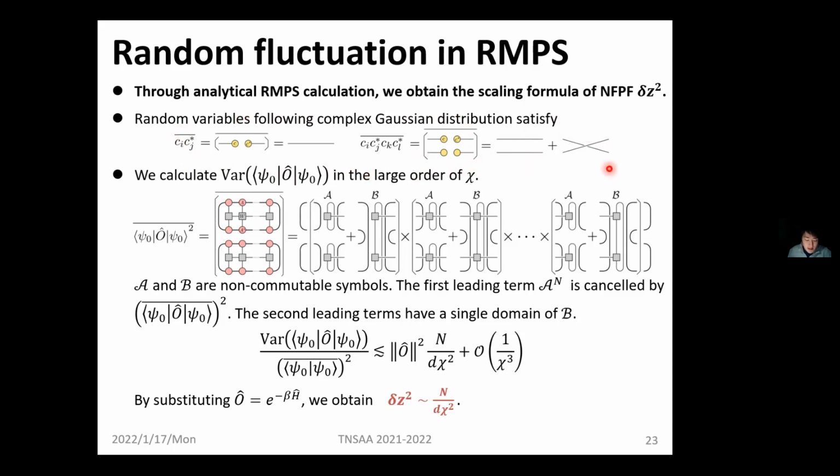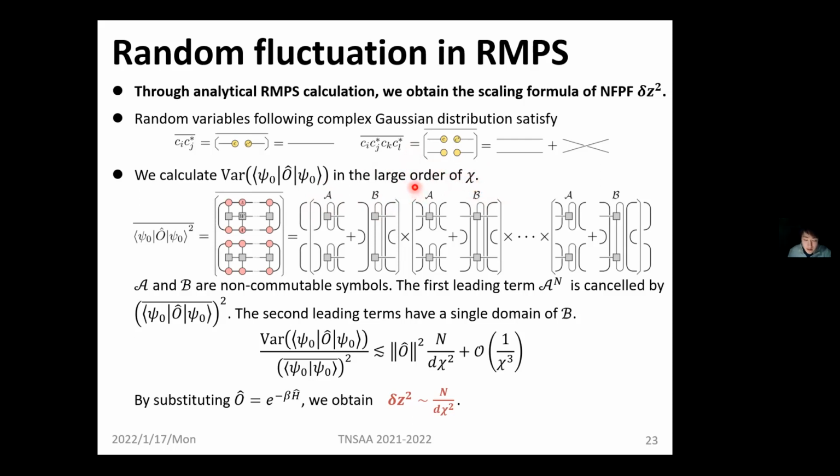We calculate the variance of operator O in terms of our MPS psi0 using the Penrose diagram. The random average is expressed from the largest order of chi to the fluctuation of bodies A and B, which are non-commutable symbols. When we connect A and A or B and B, the chi-square behavior appears from this diagram.